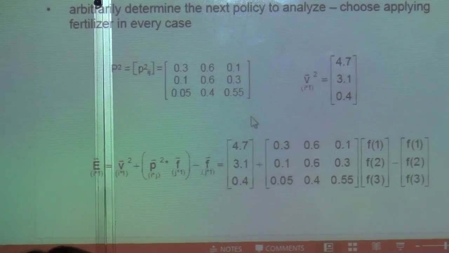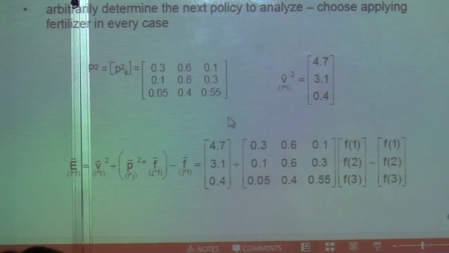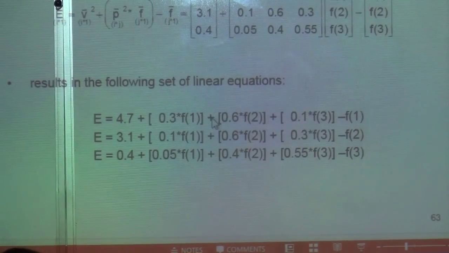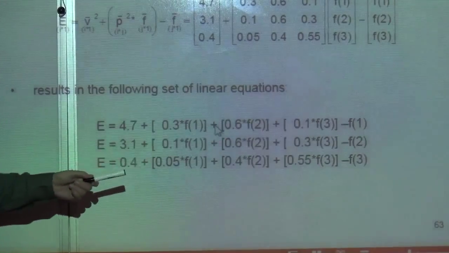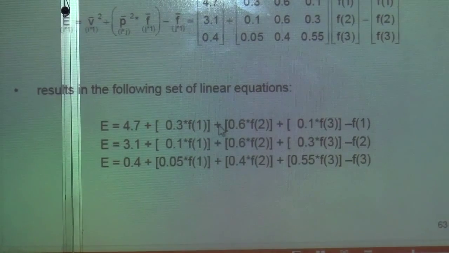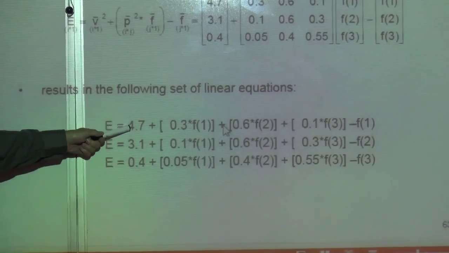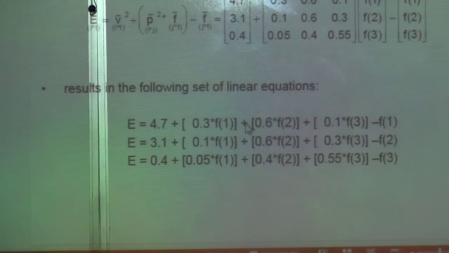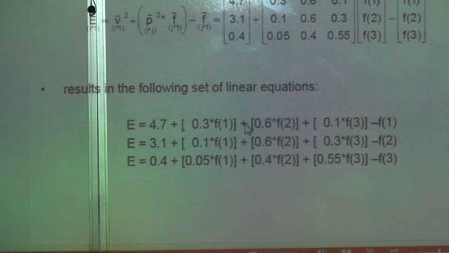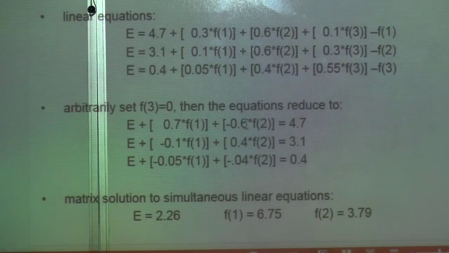We expand those just by the usual matrix methods. Expand those out to this, and you set F3 equal to 0, and you isolate the 4.7, 3.1, 0.4 on one side of the matrix, because that's your V matrix with solution.